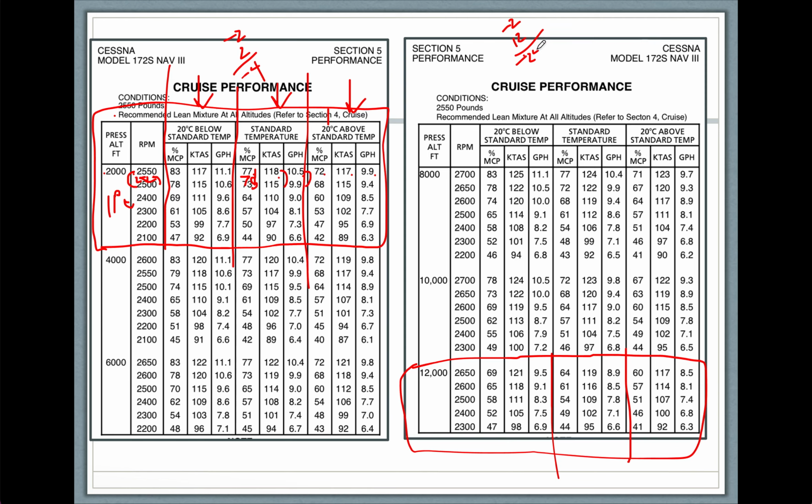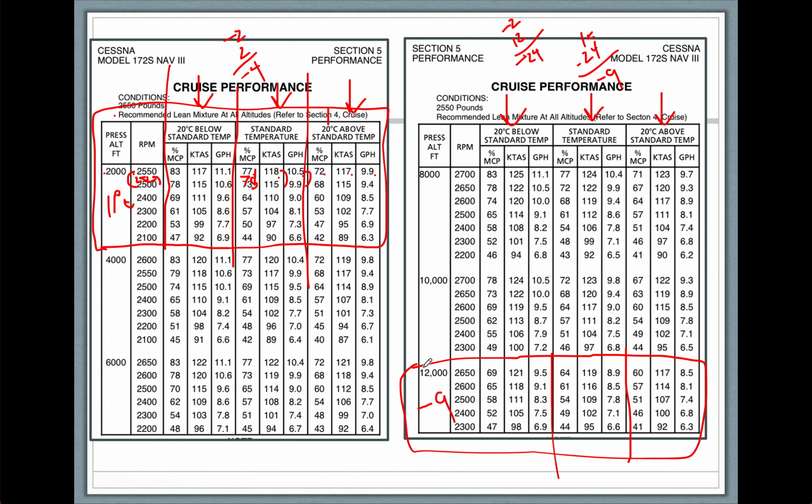If standard temperature is 15, minus 24 is what it should have cooled off up to 12,000 feet. Then it's supposed to be negative 9 degrees at 12,000 feet. So if it is, I would use the standard column. If it's positive 11, I would use this one. And if it's negative 29, I would use that one.